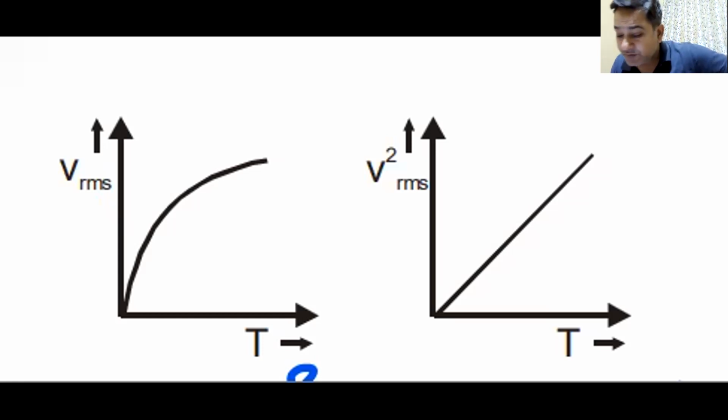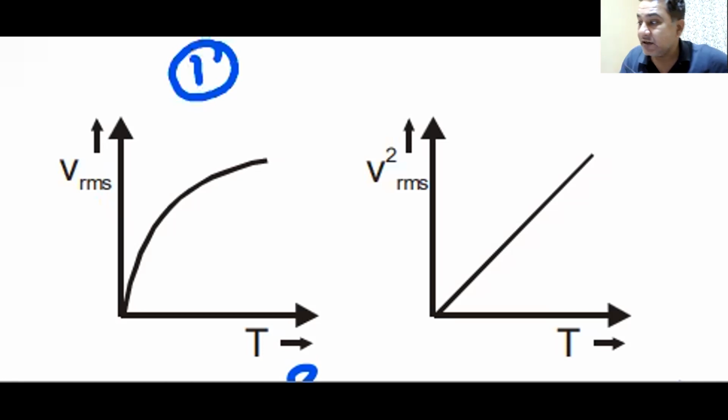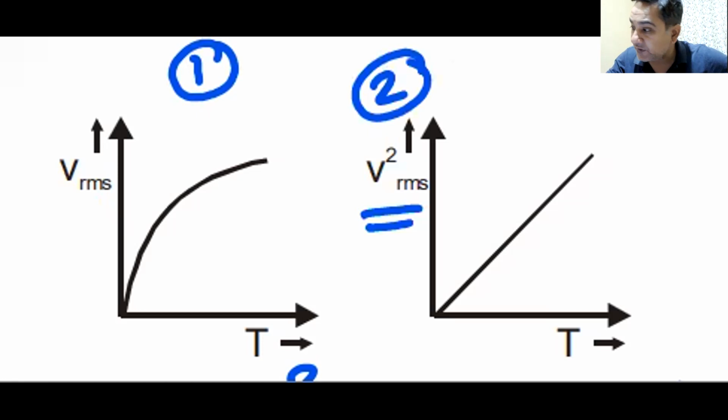The first one is between V_RMS and T. V_RMS is proportional to root over T, and therefore the graph looks like this. The second graph is between V_RMS squared and T, and the graph is a straight line. Remember this graph. I'll give you a minute to win it.